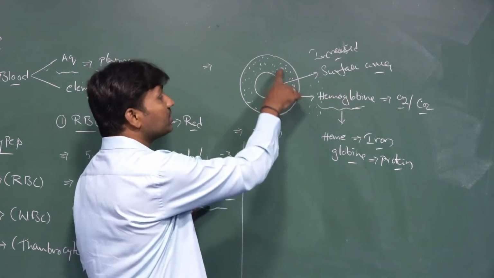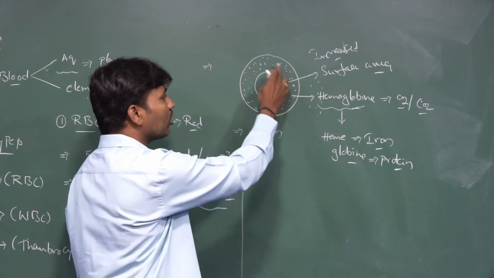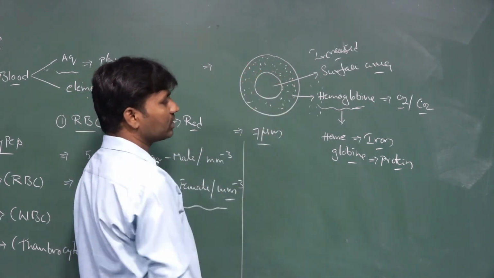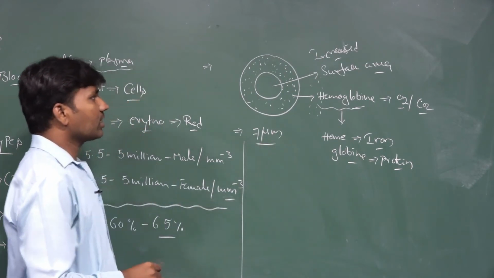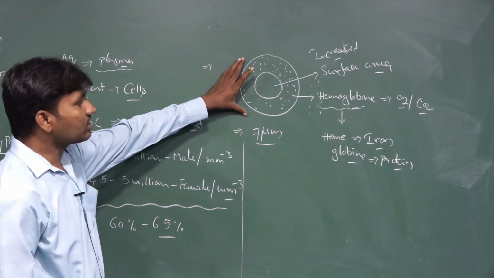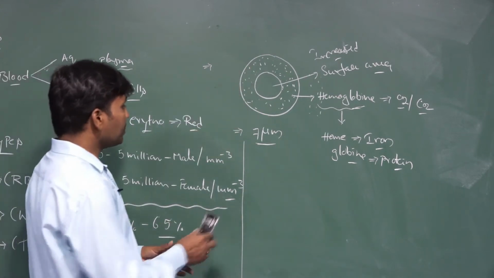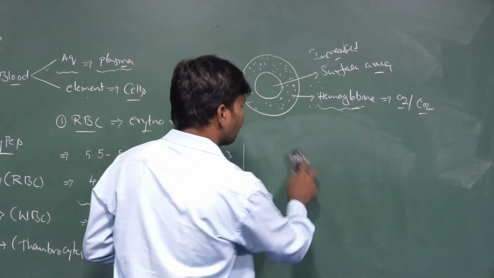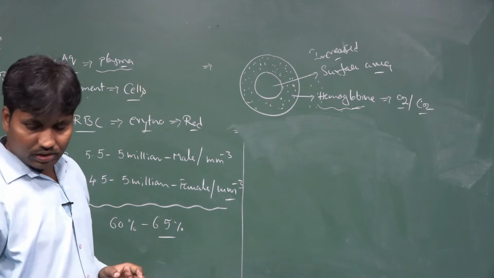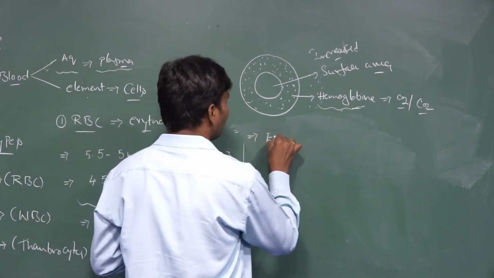So that is the major function of the hemoglobin, which is presented in the dissolved state in the cytoplasm of the RBC. So this is the structure. The major function of the RBC is exchanging of the gases.